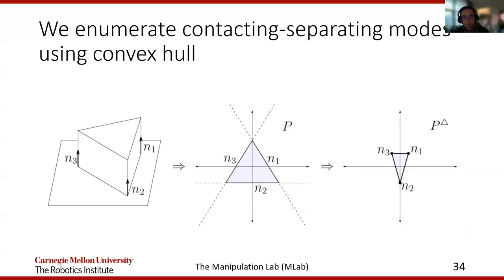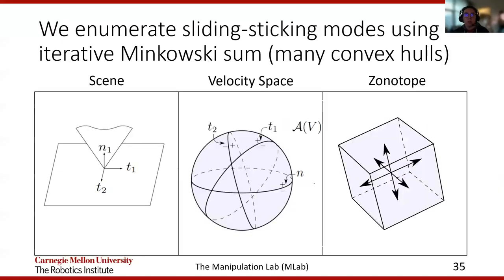Our enumeration algorithm for contacting separating modes is based on taking a convex hull. For those who have been exposed to this before, we generate the convex polytope corresponding to the normal velocity constraints, and we use the polar transform to turn those hyperplanes into points, which we can then take the convex hull of.